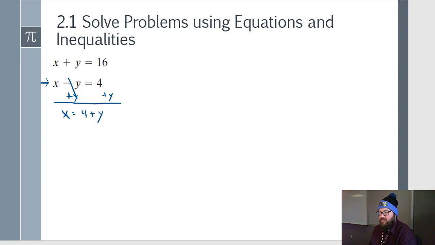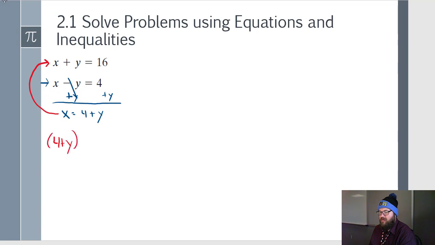Alright, so now I've solved for one variable. Now I'm going to take what I've solved for here, this x value, and I'm going to substitute this into this equation, into this value for x. So in place of x, I'm going to get 4 plus y.